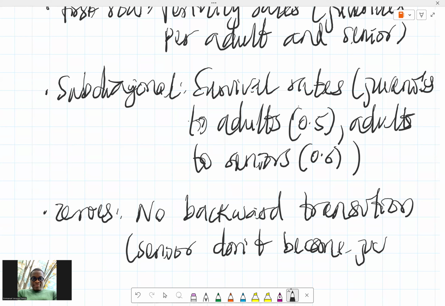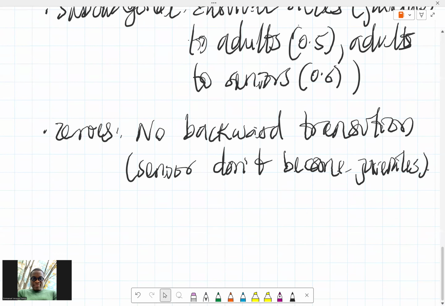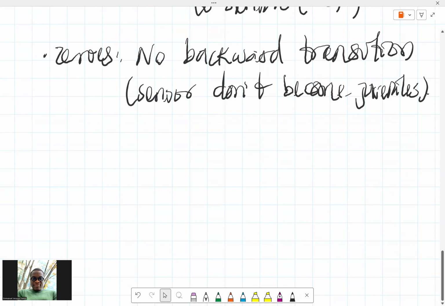If you want to use this for an SIR model, we may be able to write it differently, because somebody who is sick can go back to being susceptible. So let's move on to something else.